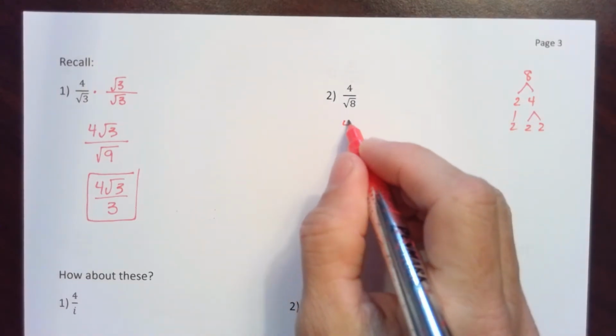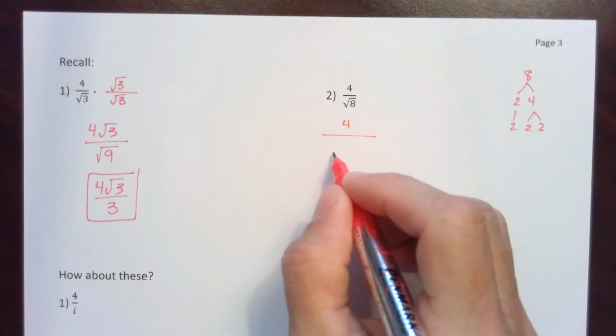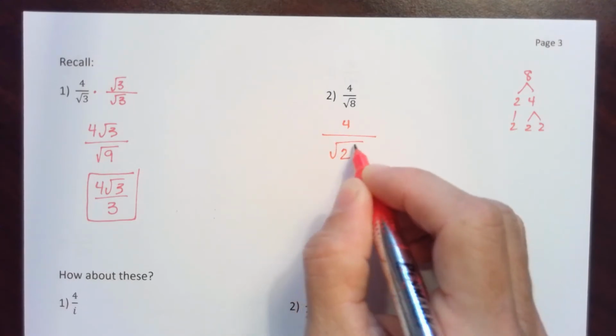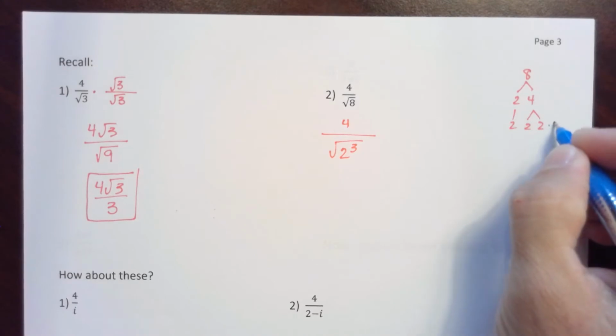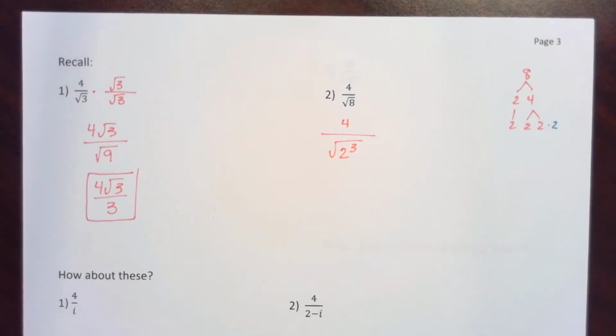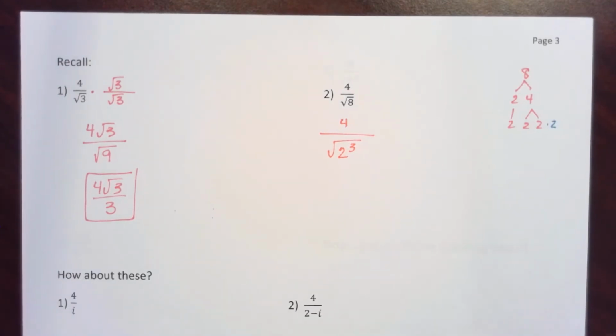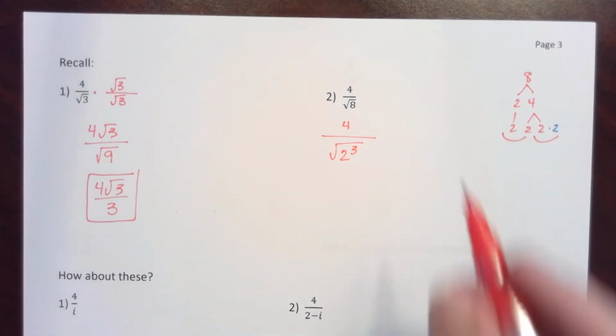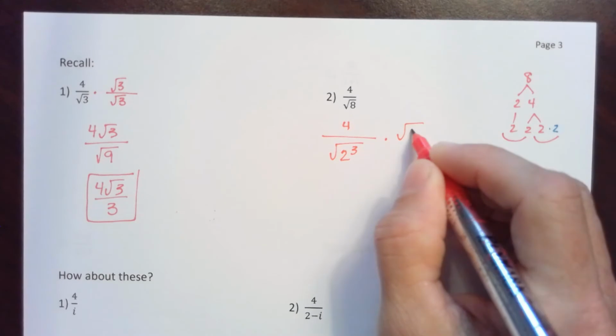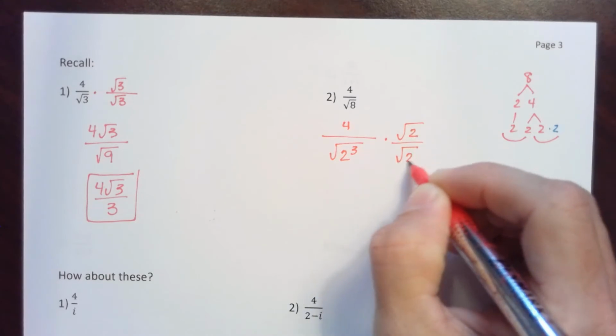So this is the same thing as 4 over the square root of 2 cubed. Well, for those little guys to be partnered up, I need one more 2, so that these can partner up and these can partner up, right? So I only have to multiply by the square root of 2 over the square root of 2.